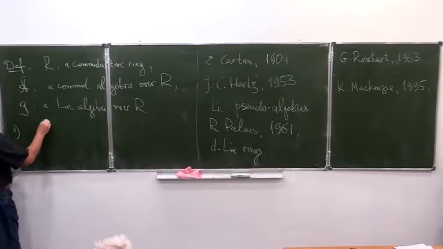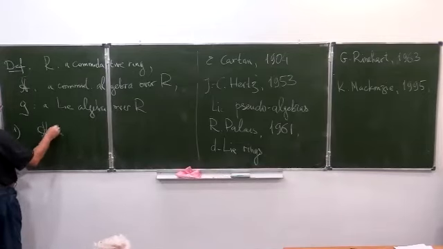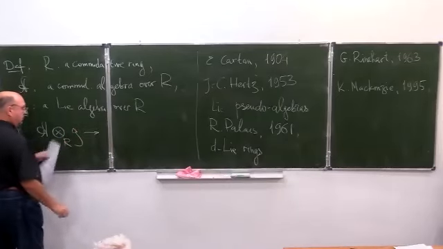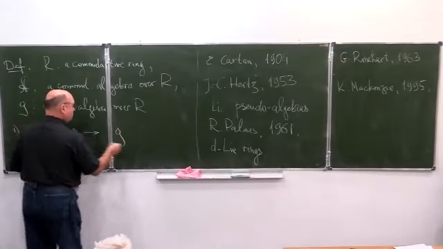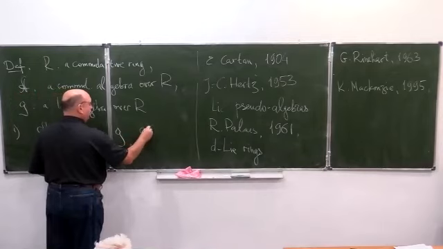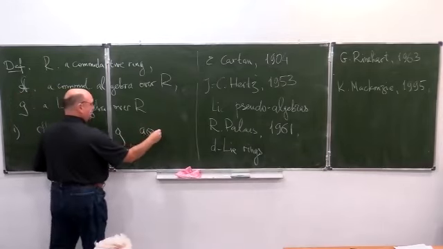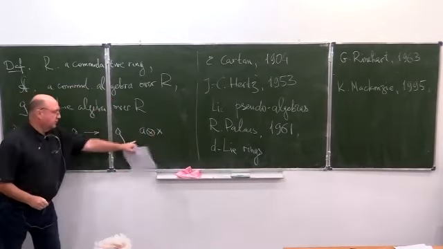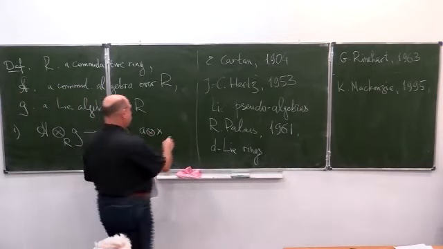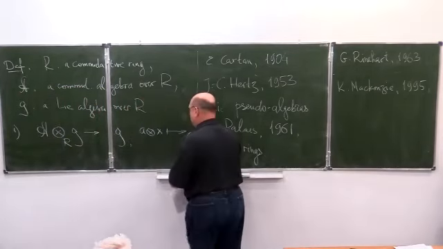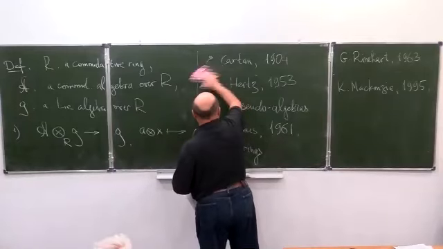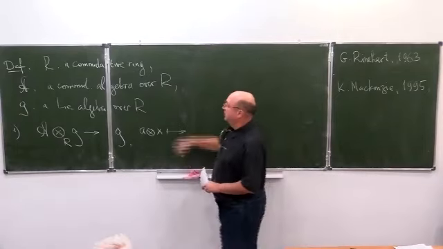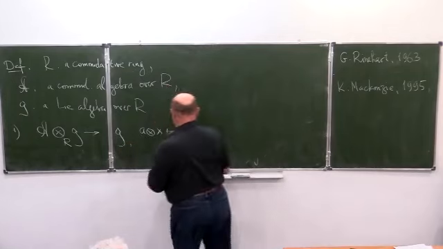So there is a map, the tensor product over R of A and the Lie algebra to this Lie algebra. It takes the tensor product of an element from A and an element from the Lie algebra and maps it to an element of the Lie algebra.